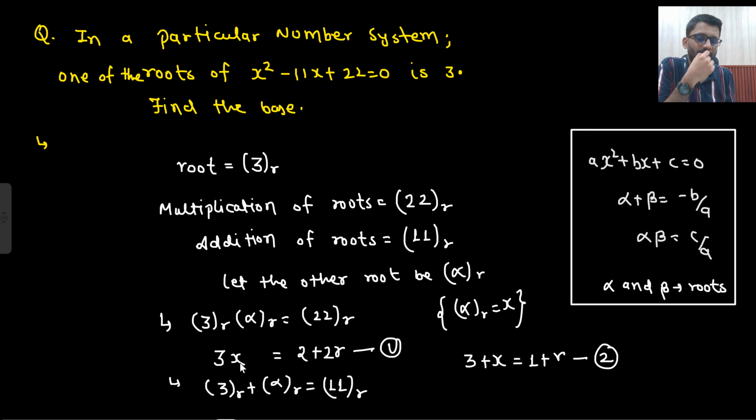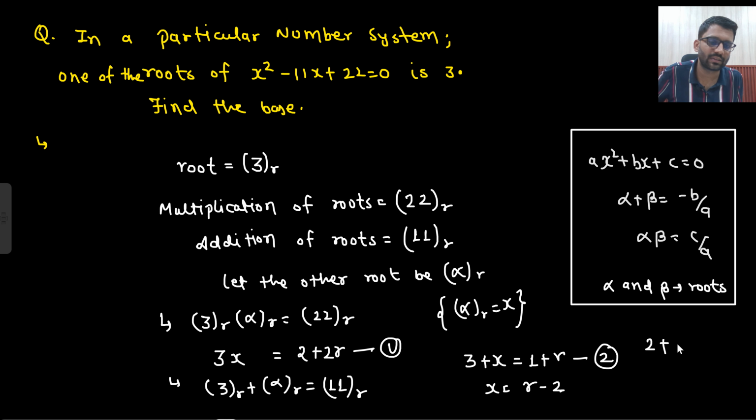What can I do? I do not need x, I can replace the value of x. From the second equation, x is equal to r minus 2. And from the first, x is equal to 2 plus 2r by 3.